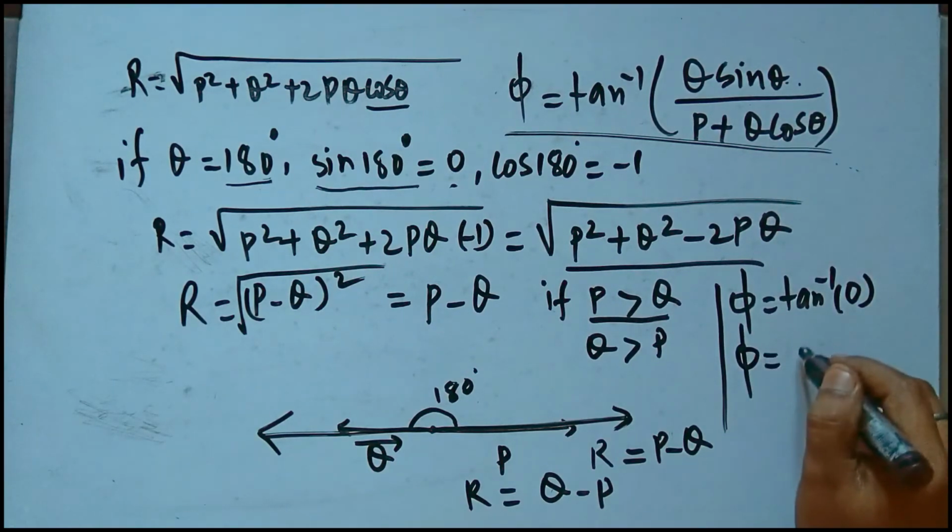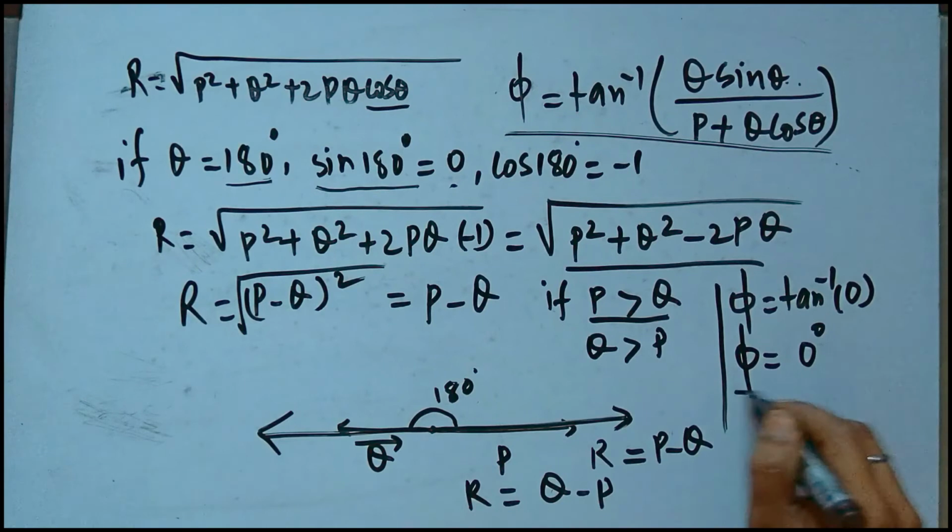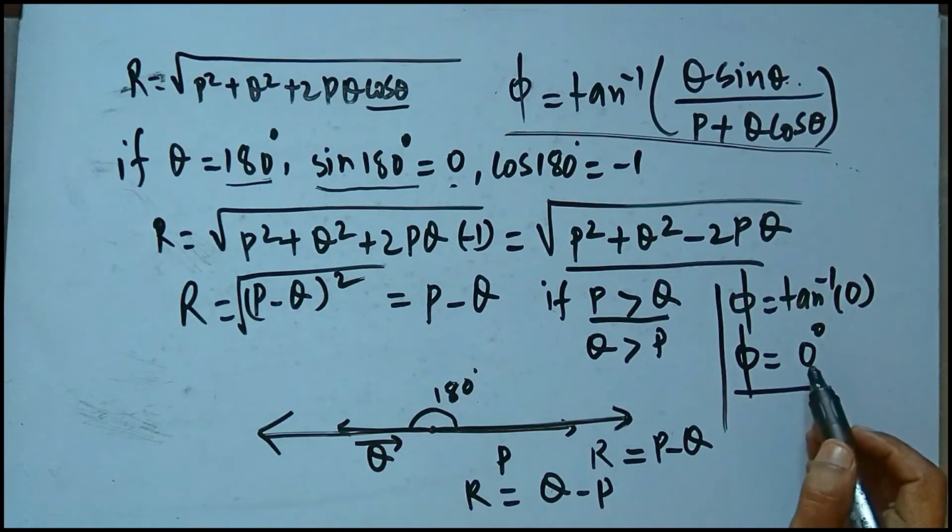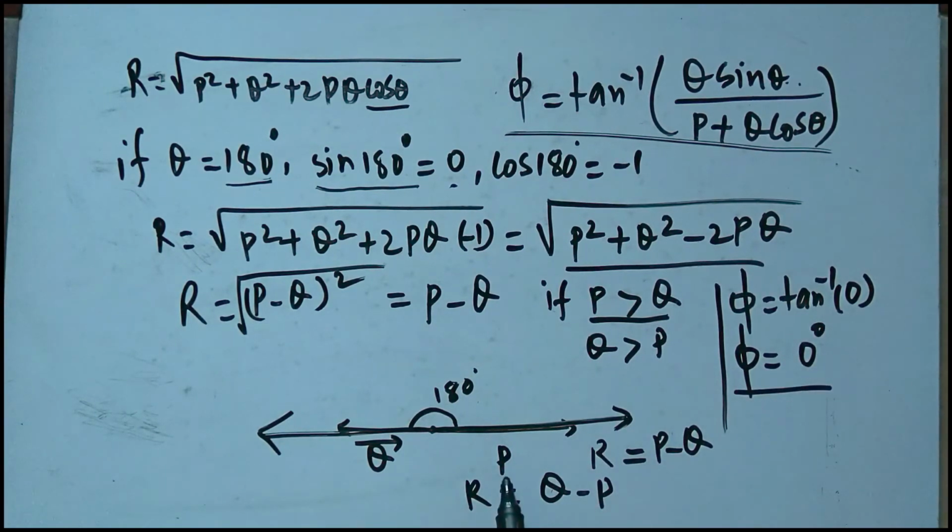So phi is equal to 0 degree. Now 0 degree means with respect to the first vector. The first vector is P. If P is greater than Q, then the resultant will be in this direction, in the P direction. If Q is greater than P, then the resultant will be in this direction.